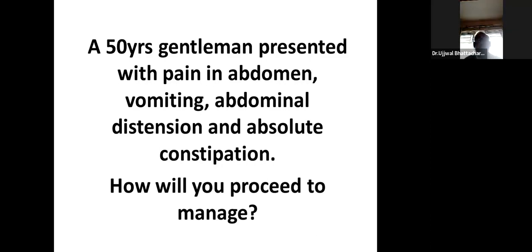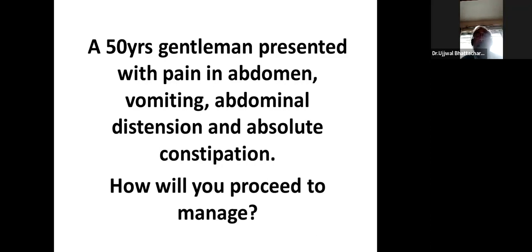Anything else? Sir, Ogilvie syndrome, colonic pseudo-obstruction. Yes, a form of pseudo-obstruction. Anything else? Ileus can also result from a huge retroperitoneal hematoma.